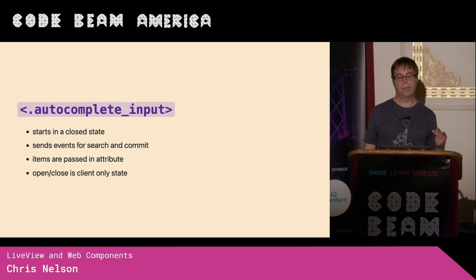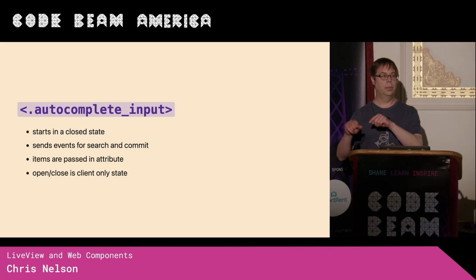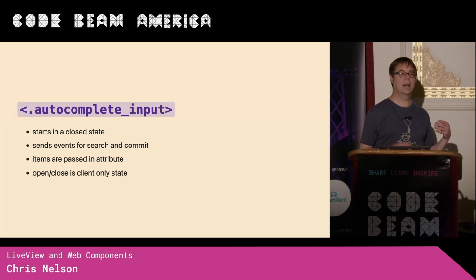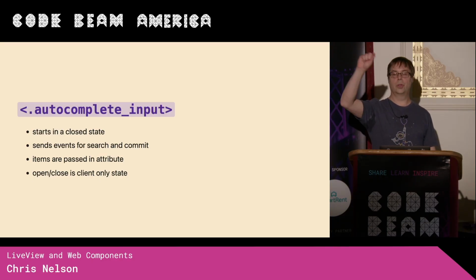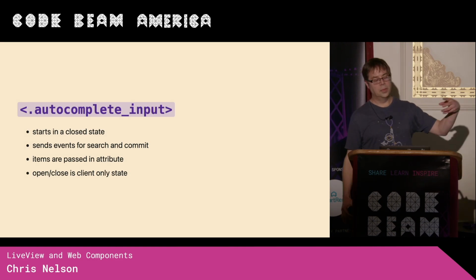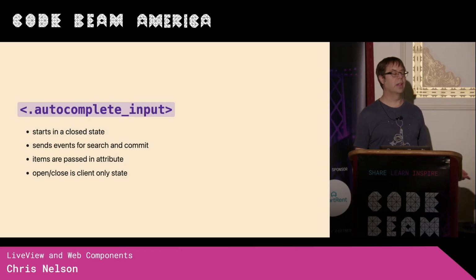That is the event for searching. So once you've typed a few characters into that autocomplete, it comes up to LiveView, and LiveView filters and sends back the airports. And then the commit event is when the user has chosen an airport. The items themselves for the airports are passed in as an attribute, and then LiveElements will take care of serializing them as JSON.